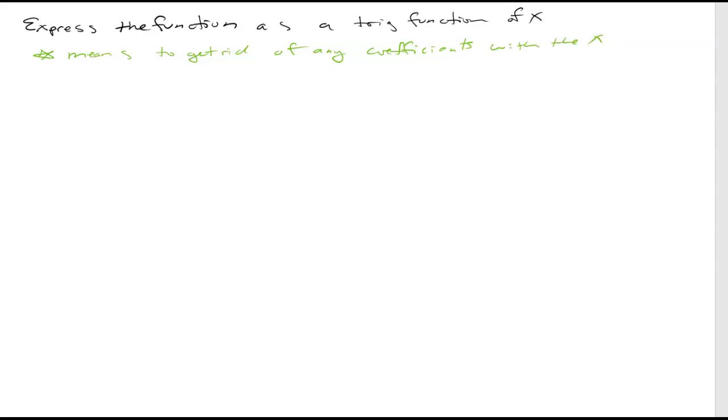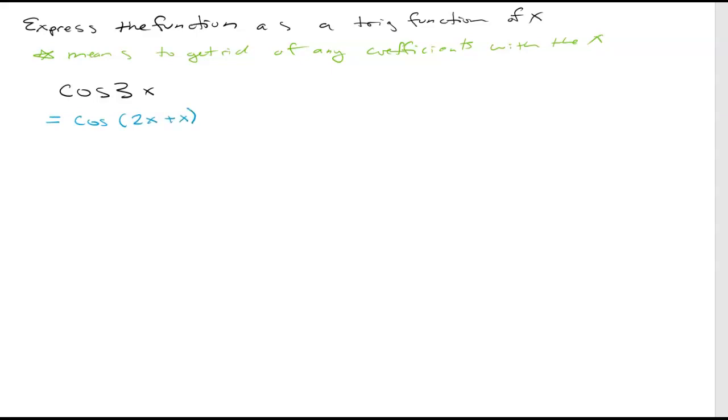Okay, so here's our problem. We have cosine of 3x. Okay, so what we need to do is we need to get rid of this 3. So let's start with, well, what identity could I use to kind of break this apart? Well, I could say that cosine of 3x is the same thing as saying cosine of 2x plus x.